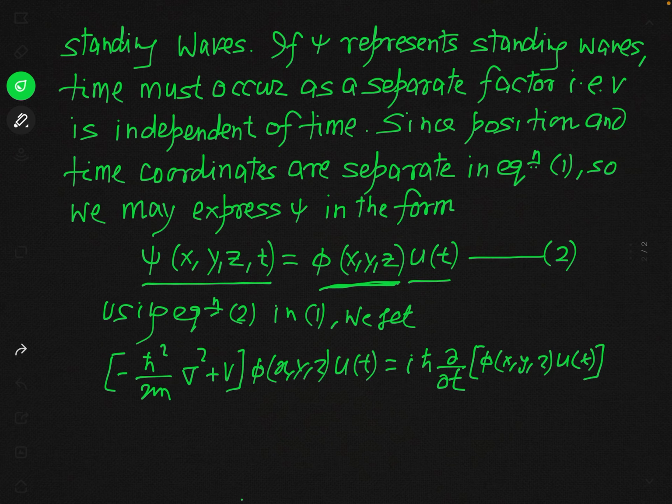It is very easy to see that to separate the variables, we will simply divide this equation throughout by the product phi of x, y, z times u of t.